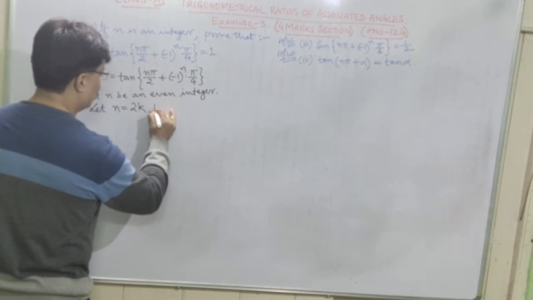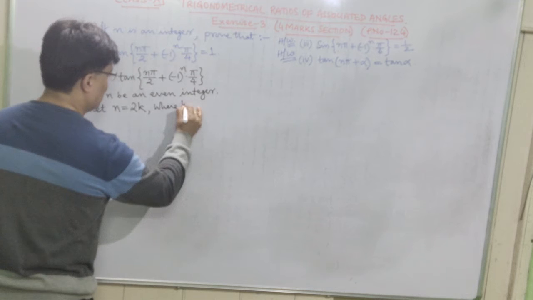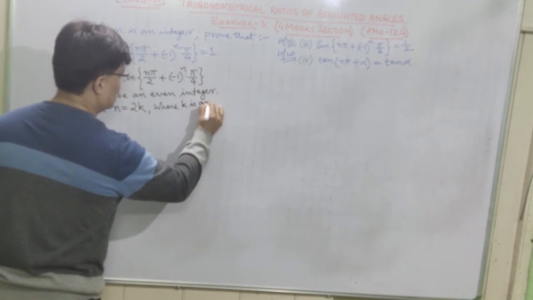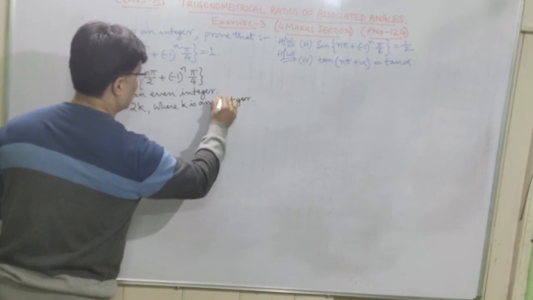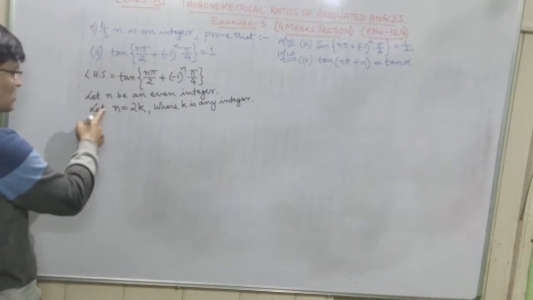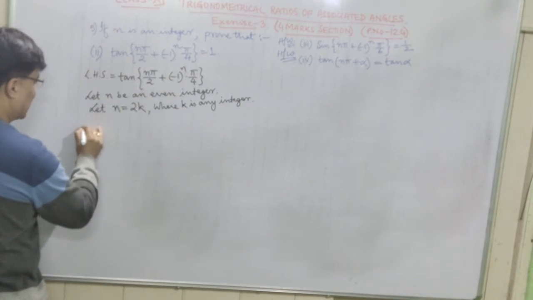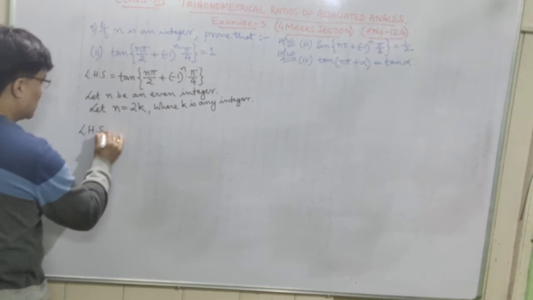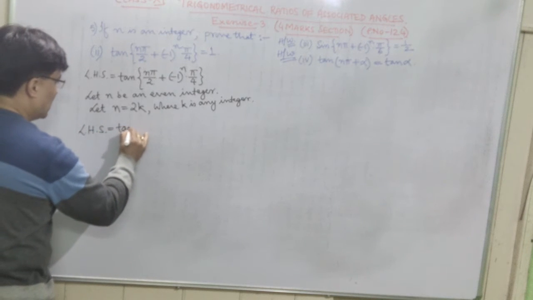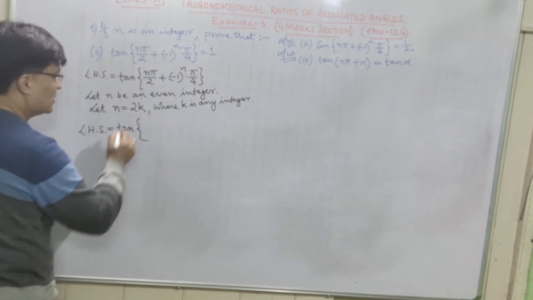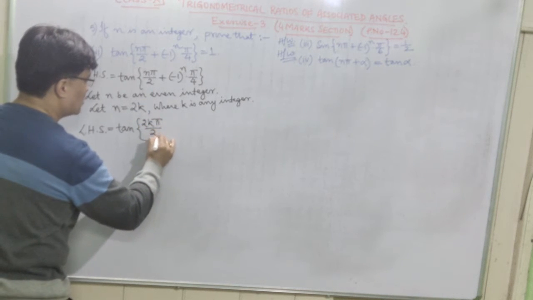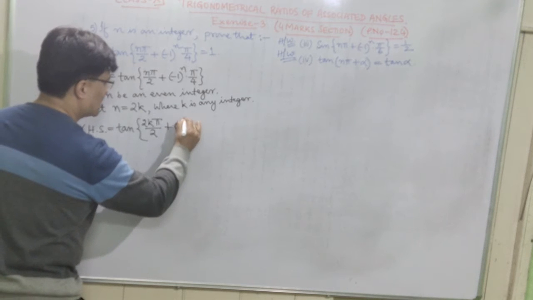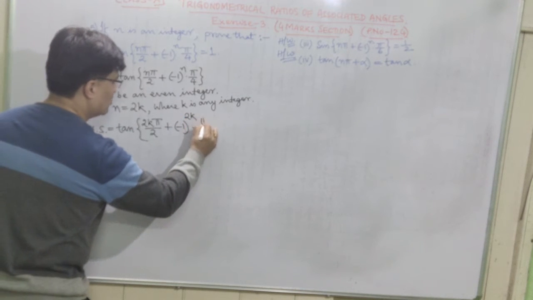So you have to write where k is any integer. Is that clear? So let us put the value n is equal to 2k in the left hand side.